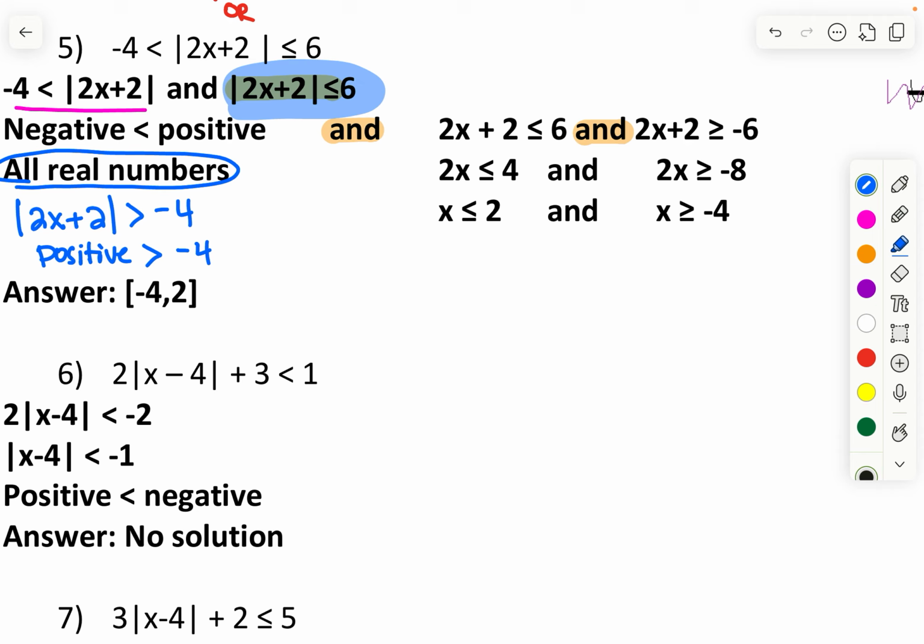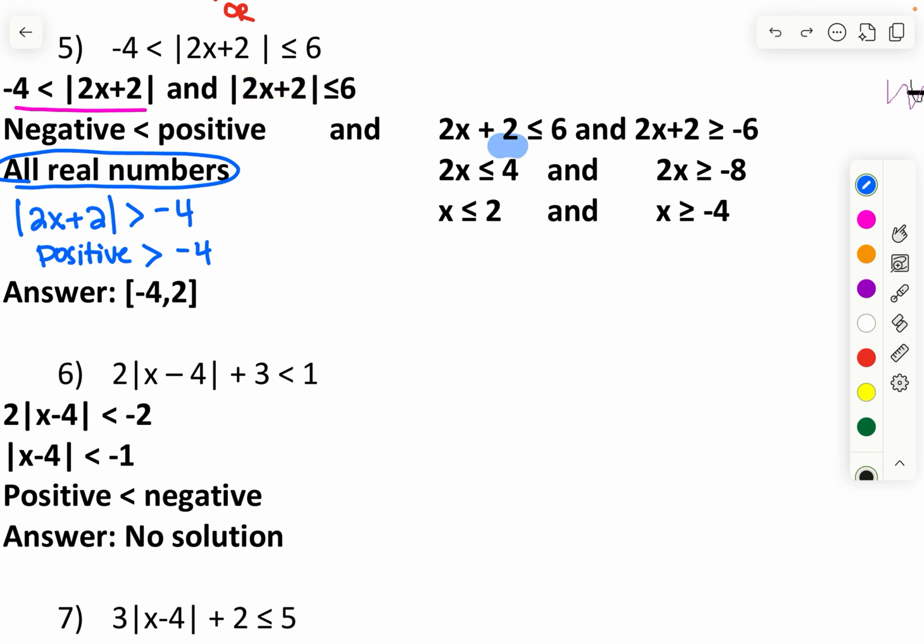We have 2x plus 2 is less than or equal to 6. And then we take that same thing and rewrite it without the absolute value bars, but we change both signs. So that less than or equal to becomes a greater than or equal to, and positive 6 becomes a negative 6. And then we're going to solve each of these inequalities.